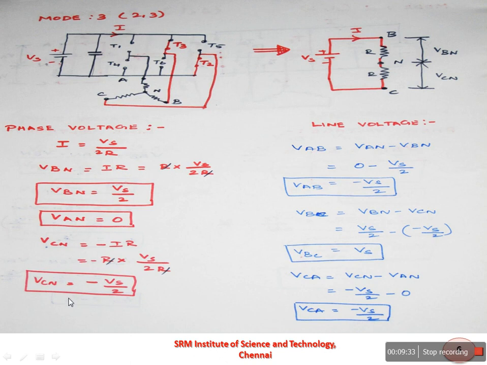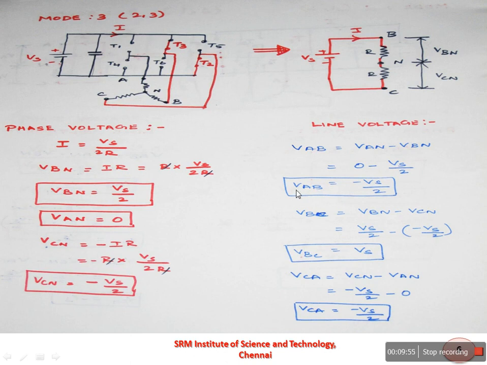So using these phase voltages, we can calculate the line voltage of mode 3 operation as VAB, VBC and VCA. So VAB can be calculated as VAN minus VBN. You can substitute the value of VAN here as 0 minus VBN is Vs by 2.